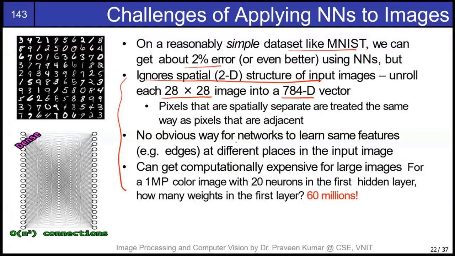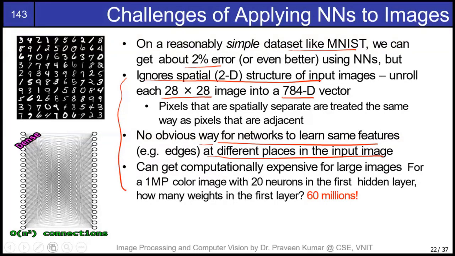Also, in this case there is no obvious way for networks to learn the same features at different places in the input images. When we use these dense connections, we are not ensuring any kind of invariance. For example, if you are learning an edge detector, that edge detector should work similarly for each location.